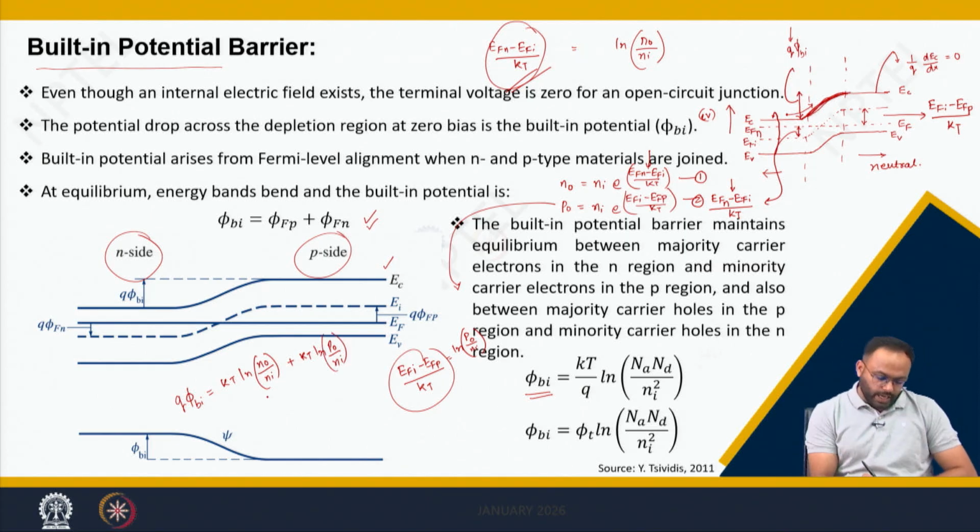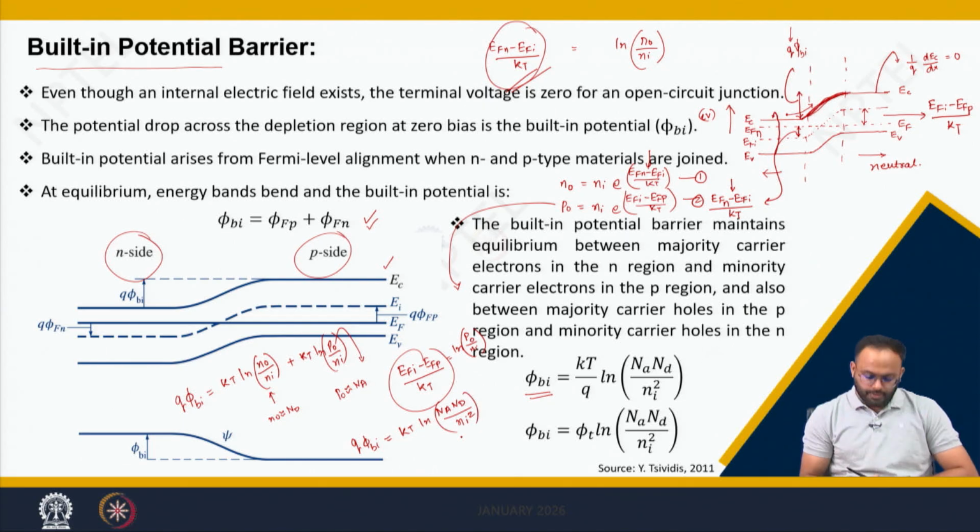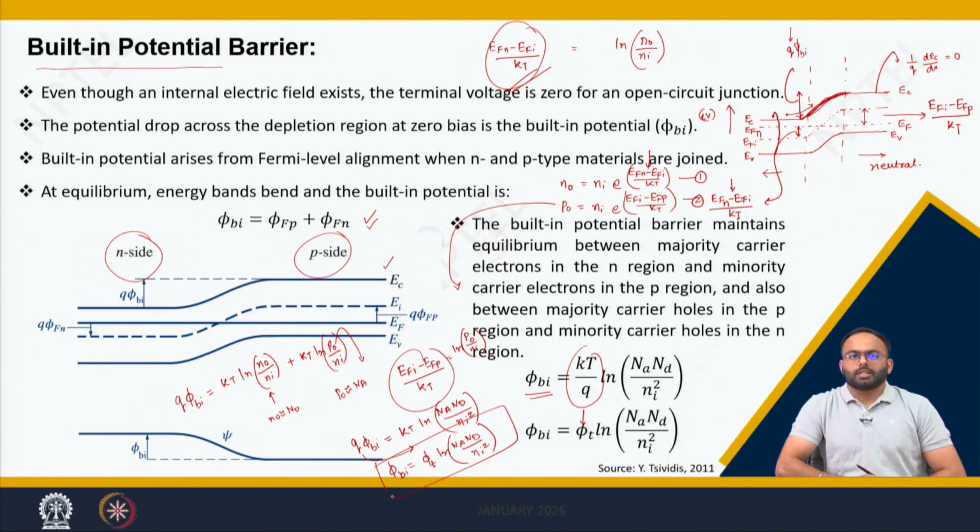Now if it is an n-type semiconductor, n0 is nothing but Nd, and if it is a p-type semiconductor, p0 is nothing but Na, the acceptor doping, and hence we can rewrite q times phi bi is equal to kT log of Na Nd by ni squared. If you divide by q, kT over q is nothing but phi t. So you can rewrite it as phi t log of Na Nd by ni squared. So this is the built-in potential which exists in the p-n junction.